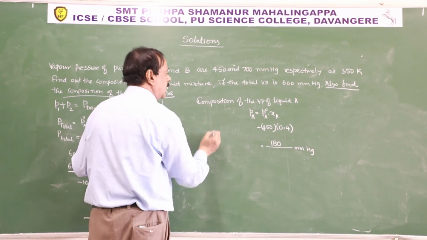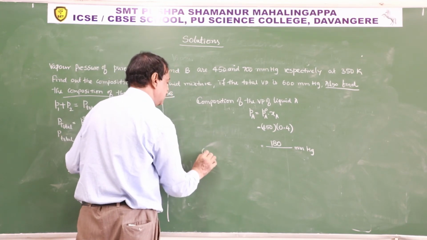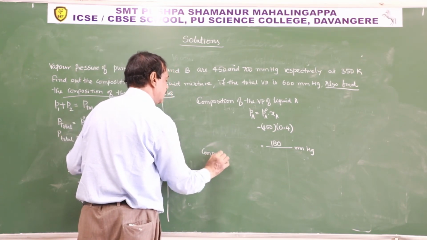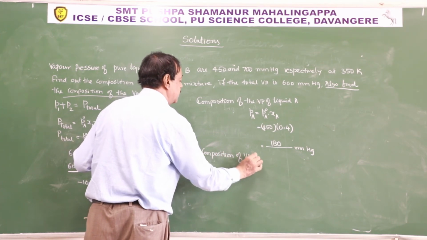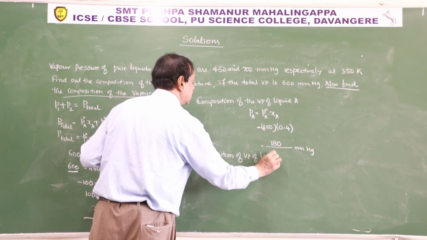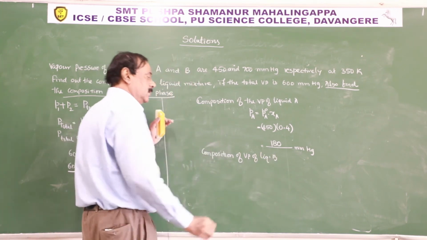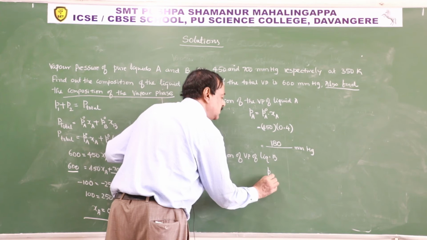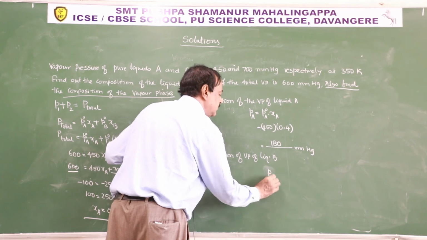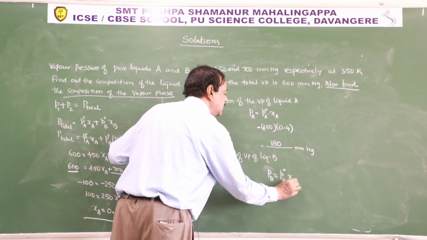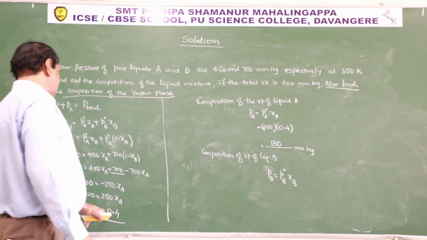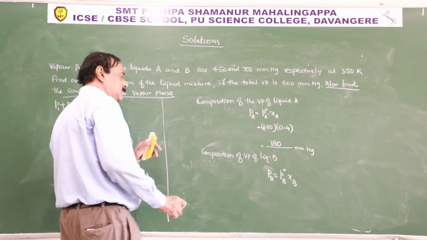And composition of vapor pressure of liquid B. PB is given by P naught B into XB. Now XA is 0.4 and XB is equal to 0.6.